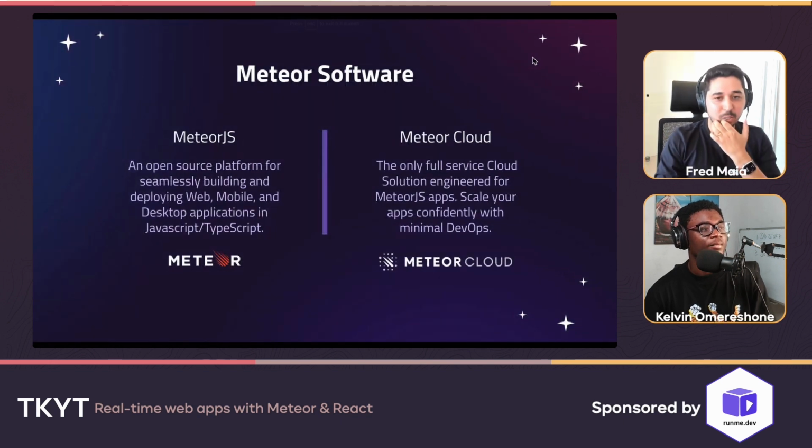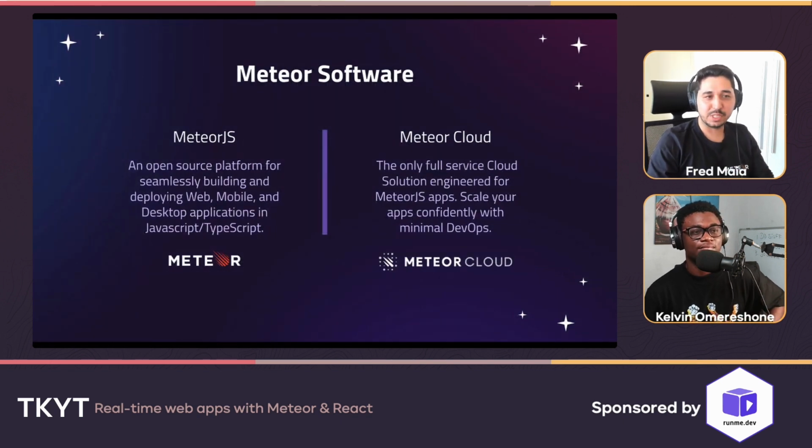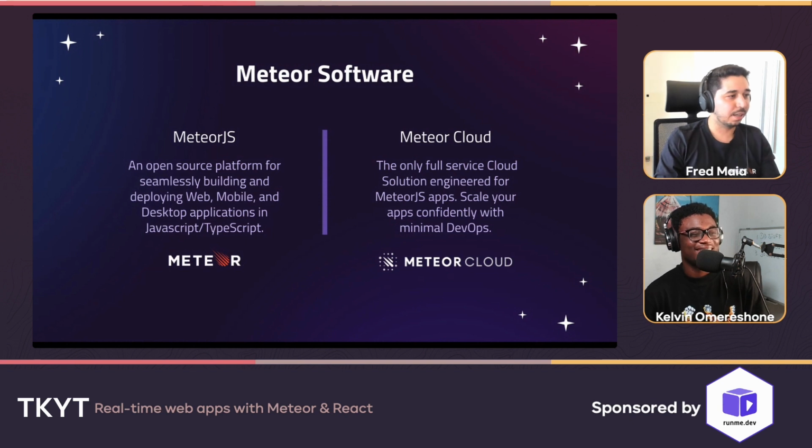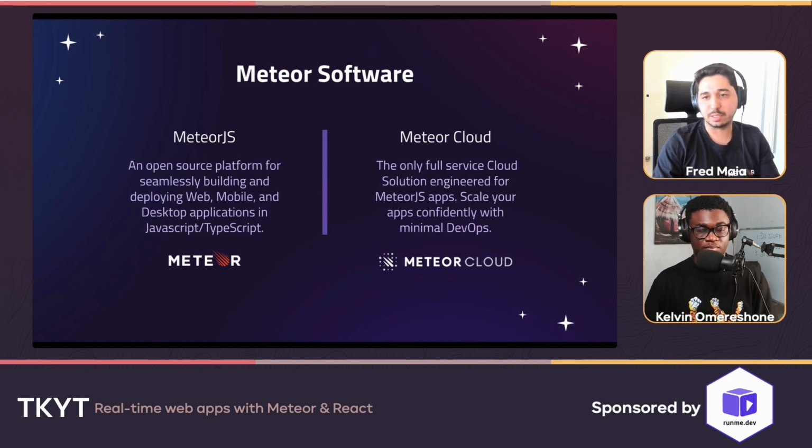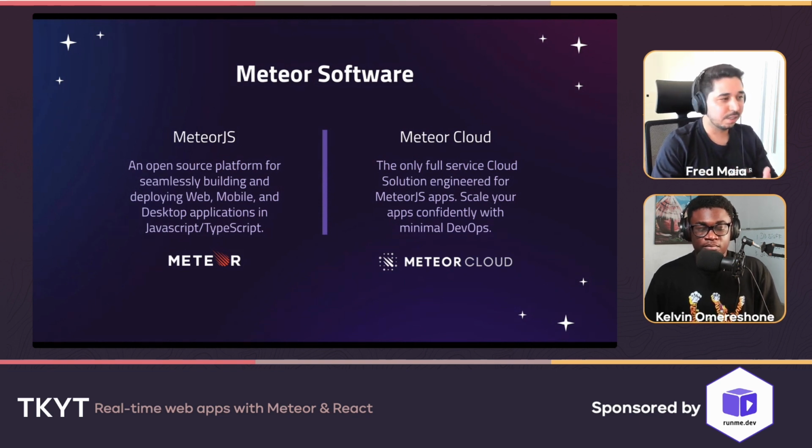Just one thing I want to clarify, because people ask me that a lot. People ask how Meteor Software earns money, because Meteor JS is free, open source, MIT licensed. So how does an open source software company live?